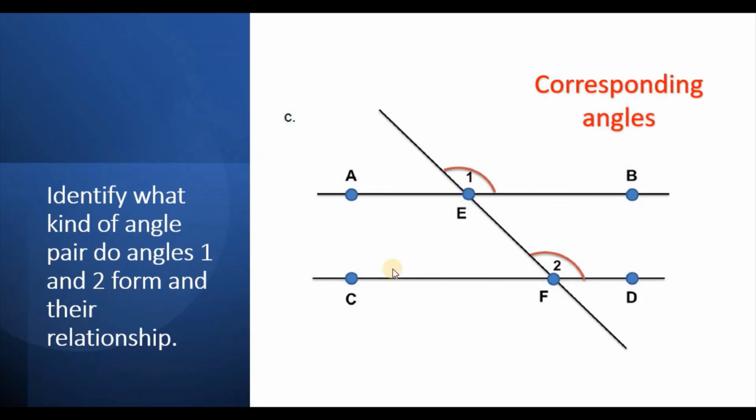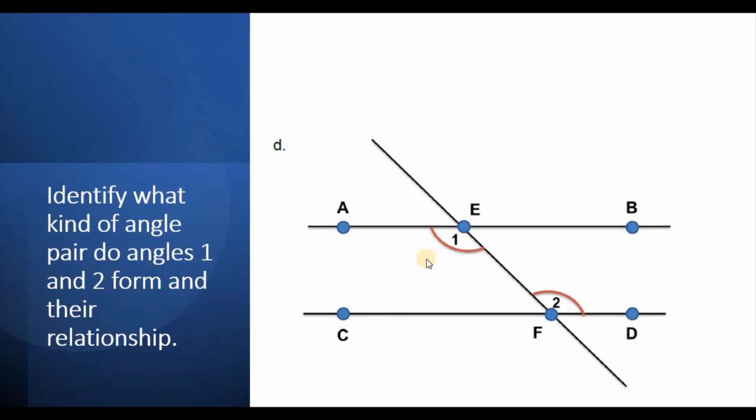These are corresponding angles, since they are non-adjacent, and the other one is on the exterior and the other one is on the interior, and both of them are on the same side of the transversal. And their relationship is congruent angles, so they are equal in measurement.